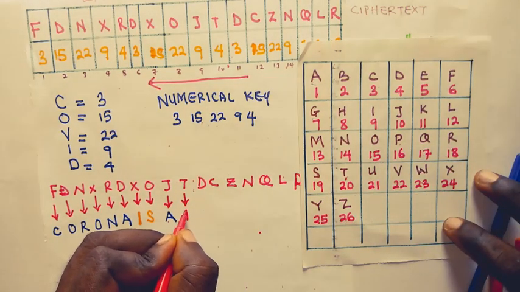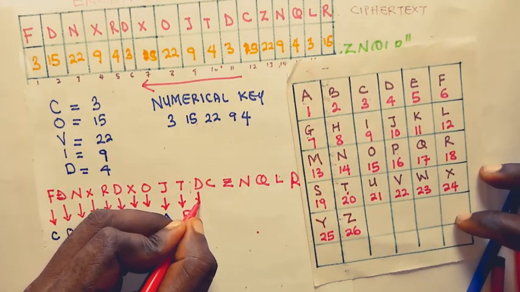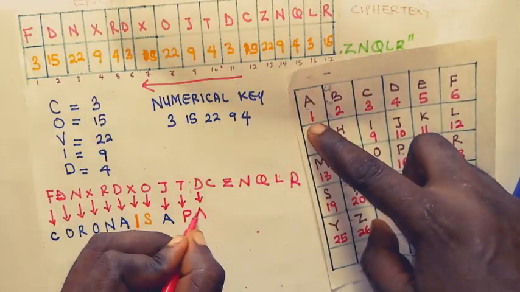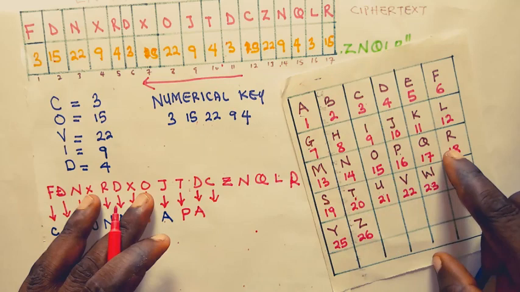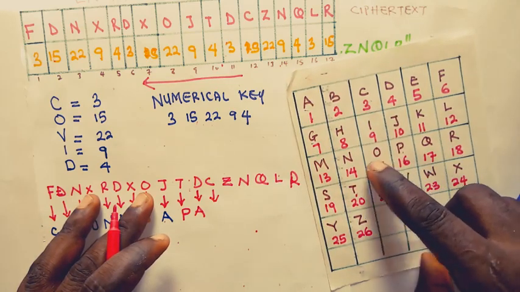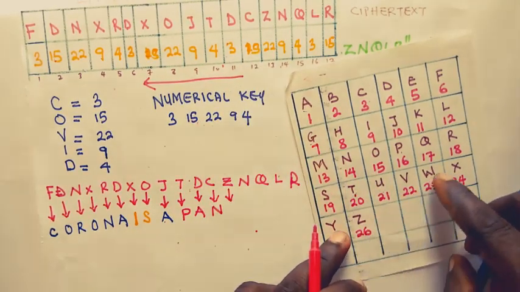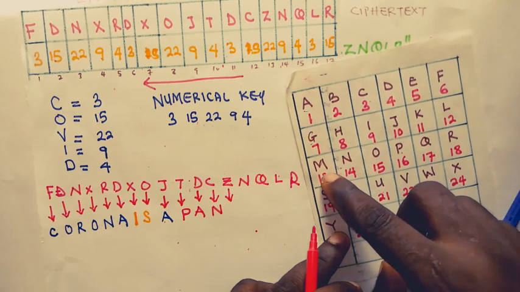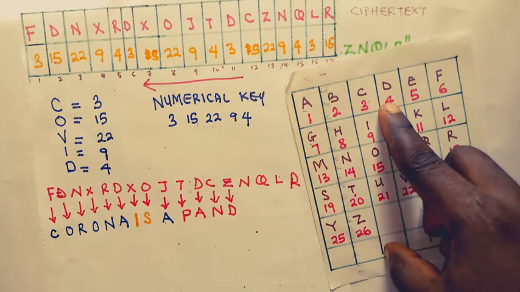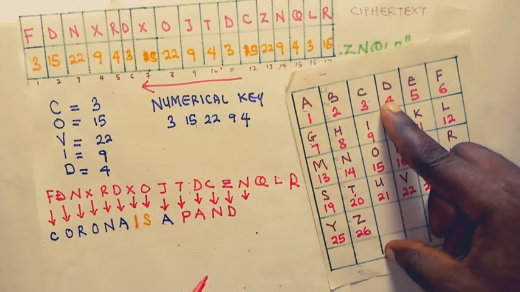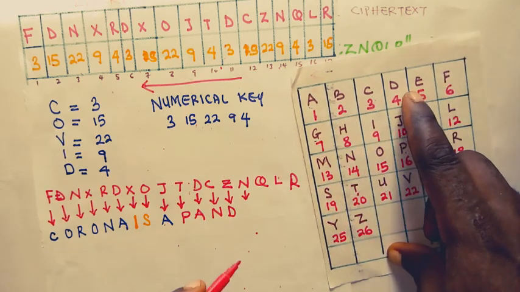P. And D, if I shift D backwards 3 times, I obtain A. C. If I shift C backward 15 times, I obtain N. And if I shift Z backward 22 times, I obtain the letter D. If I shift N backwards 9 times, I obtain the letter E.